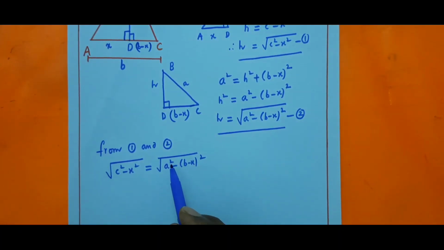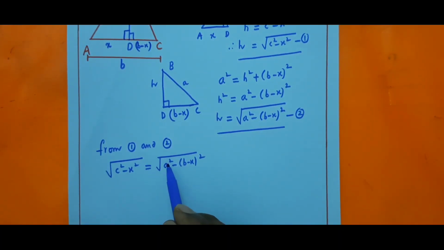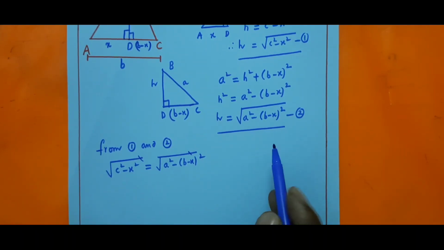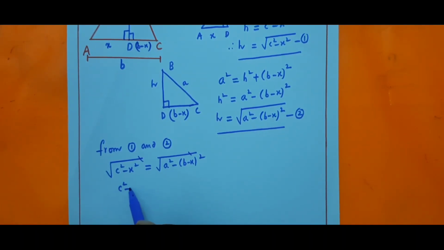Both sides we can eliminate the square roots by squaring on both sides. Then these two square roots will be eliminated. Then here c square minus x square is equal to a square minus (b minus x) whole square.